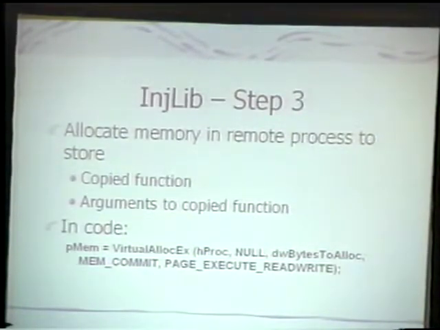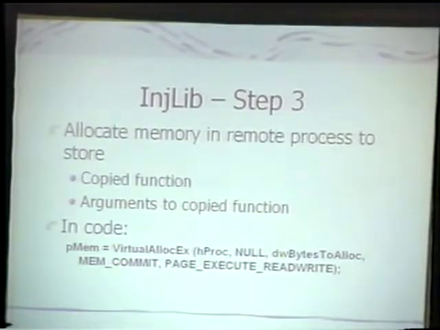In step three, you allocate memory inside the remote process, which is going to store the copied function and the arguments to the copied function, because you need to provide some information to the function which you've copied in there about where LoadLibraryA is. In code, Windows is very helpful with this entire process. As we'll see, particularly when we start looking at the Unix side of things, Windows is extremely helpful.